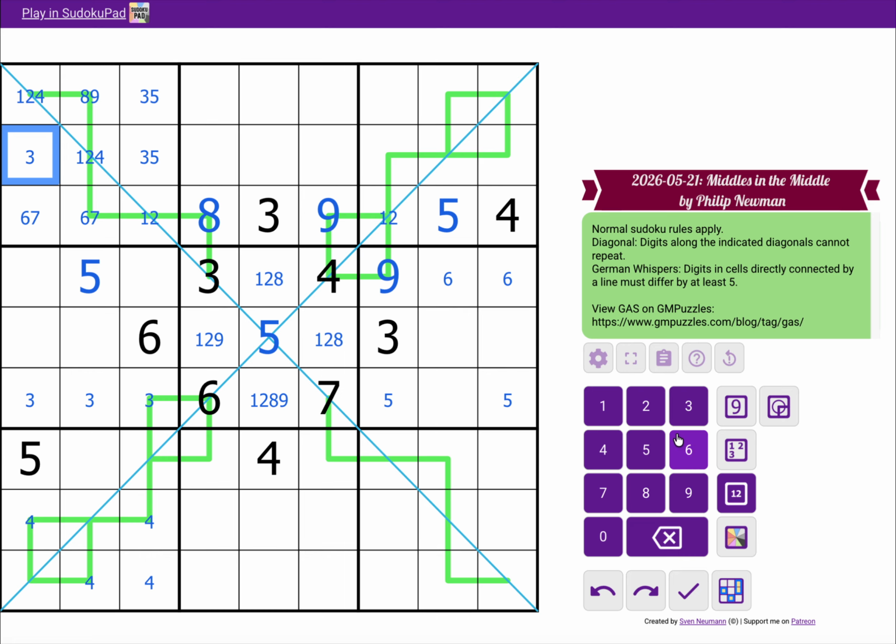So 8 and 9 can go here, or go here, I think. Just kind of depends on how things go. Okay, that's fine. Let's keep going here, right?